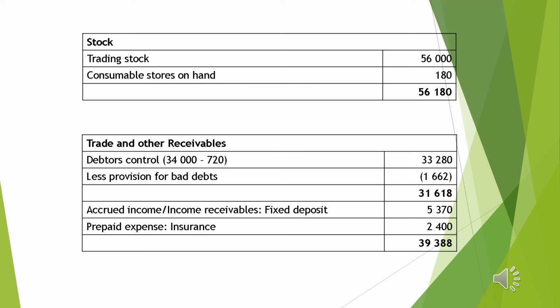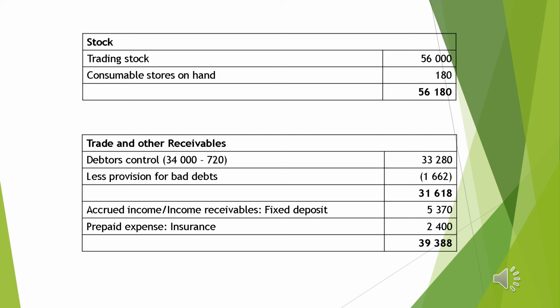Not necessarily that the debtors control is being reduced, or the trade and other receivables are being reduced, but the total receivable we need to reduce is when we say this particular bad debt, or this particular debtor, is not going to pay us.